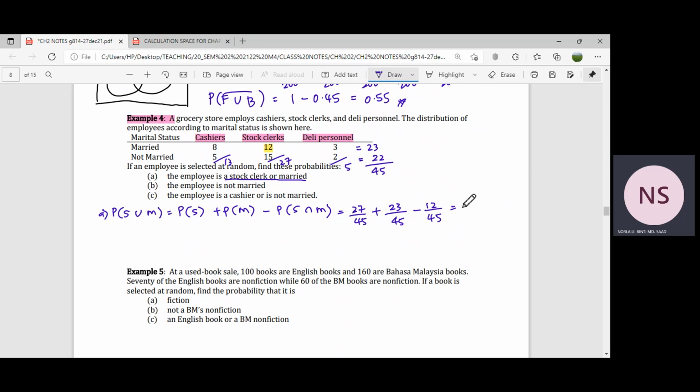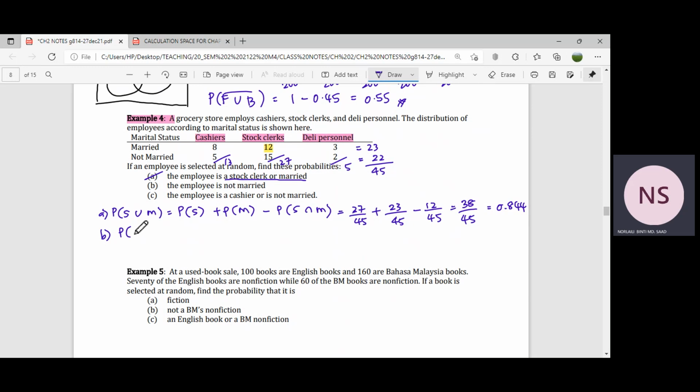We have 38 over 45, which is 0.844, or you may leave it in fraction. The second is the employee is not married.